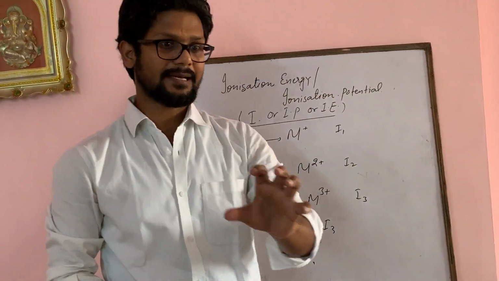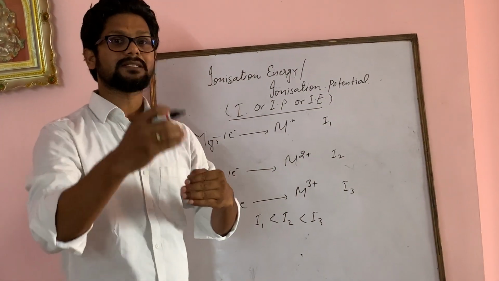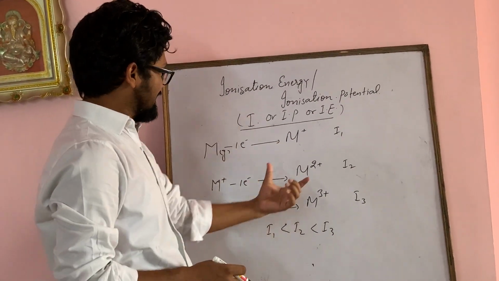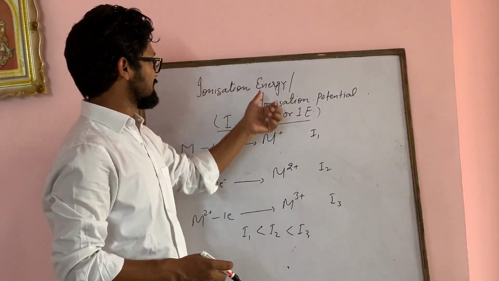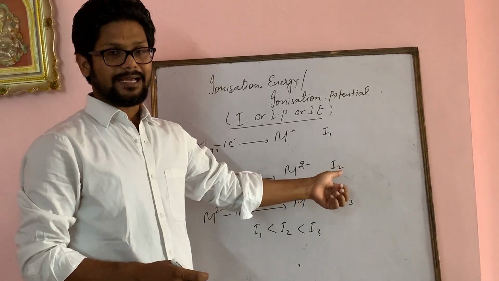I want to clear that I am teaching up to level 10, so this explanation you will get in higher class. This ionization energy is measured in kilocalories per atom.